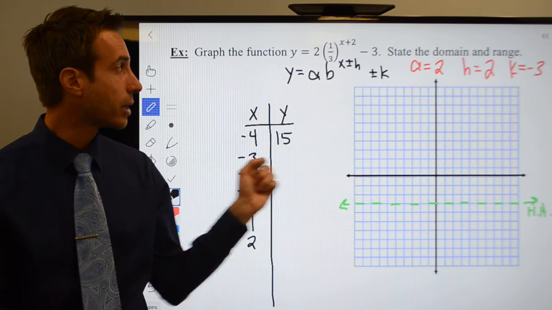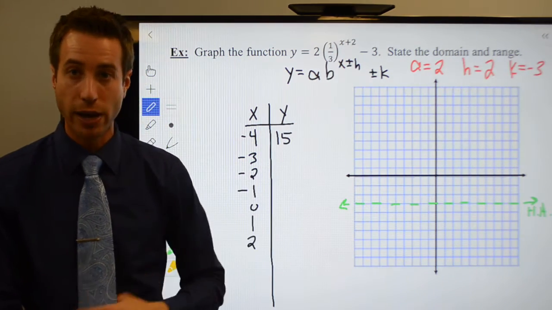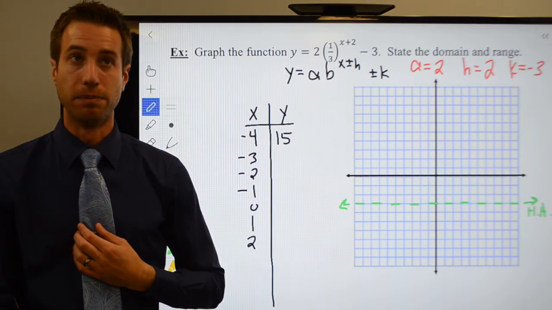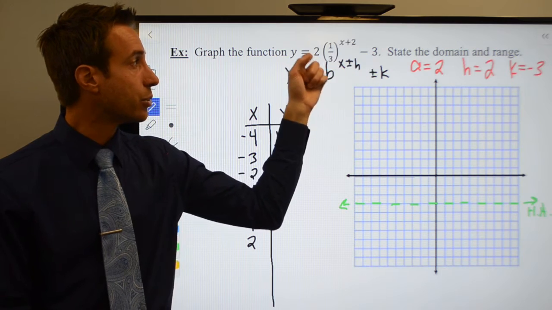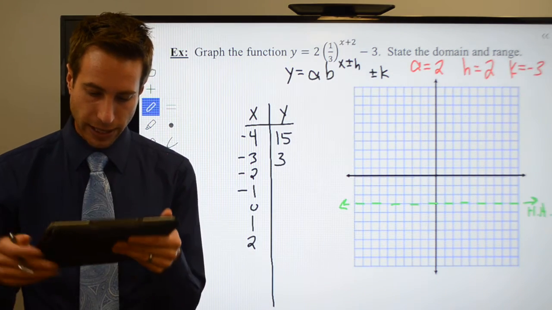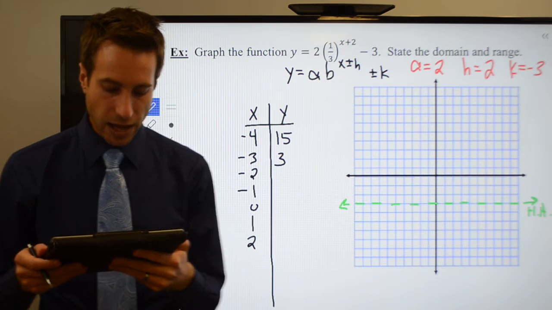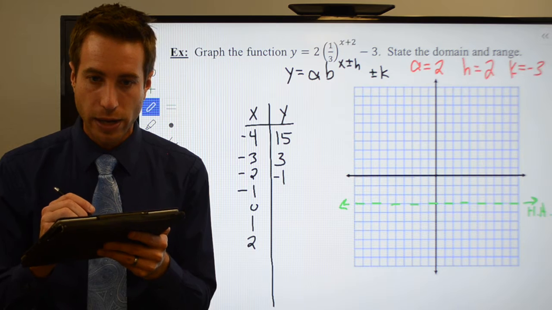Let's go ahead and do negative 3. Negative 3 plus 2 will be a minus 1. 1/3 to the negative 1 will be 3. 3 times 2 is 6. 6 minus 3, you guessed it, 3. Let's see, if you plug in a negative 2, you should wind up with a negative 1.